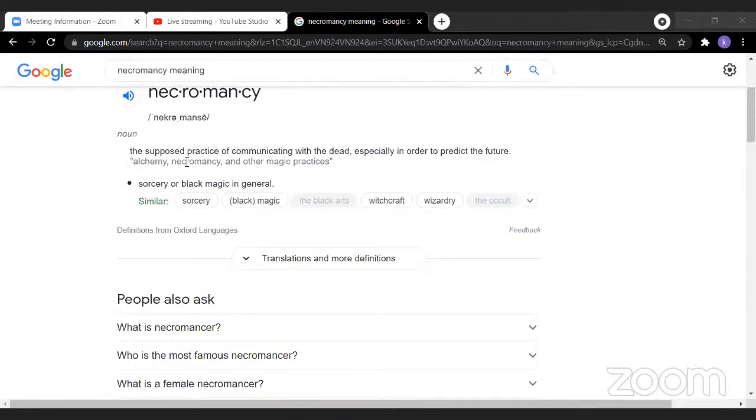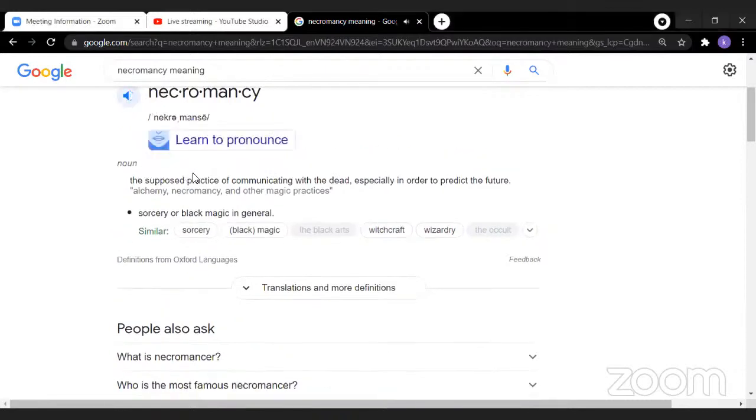It does. It definitely does. Yes, Necromancy. The supposed practice of communicating with the dead, especially in order to predict the future. Sorcery, or black magic in general. Witchcraft, wizardry. Y'all see that? Yeah.